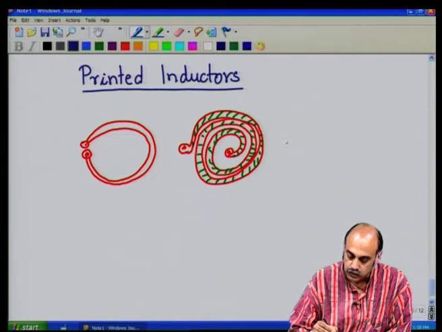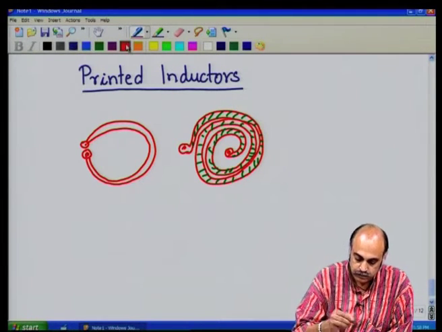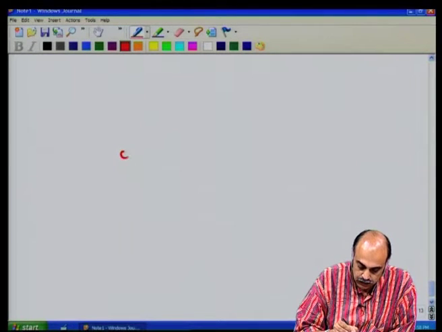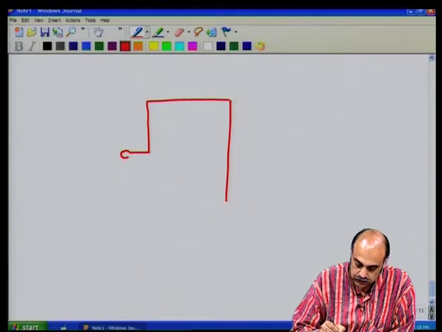Instead of a spiral, one could also use a kind of squarish spiral like this.